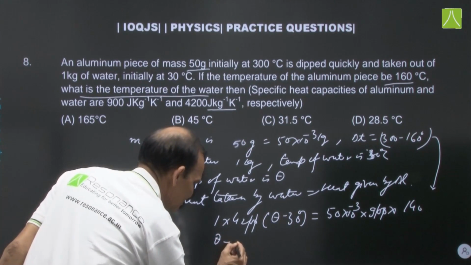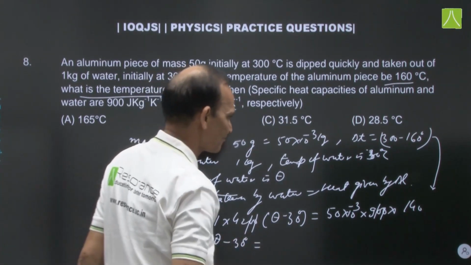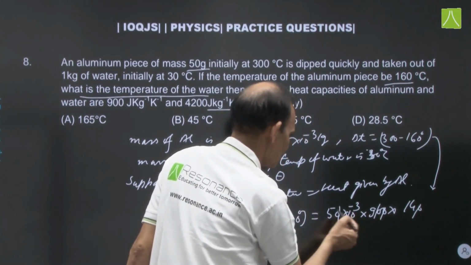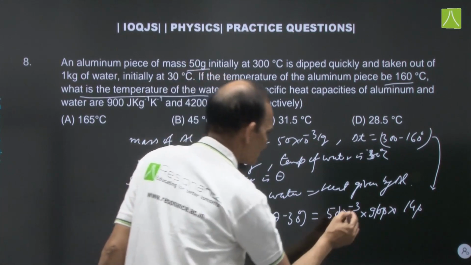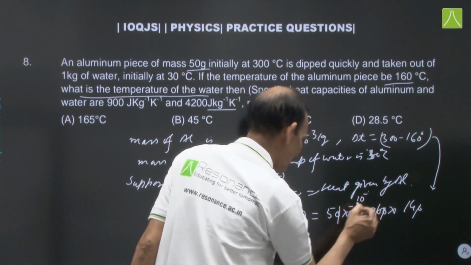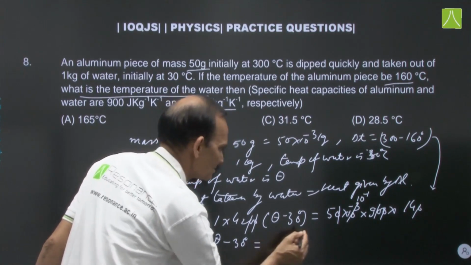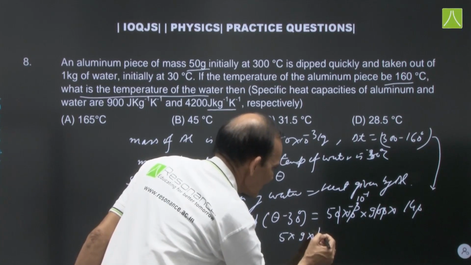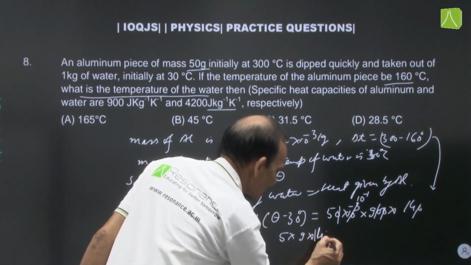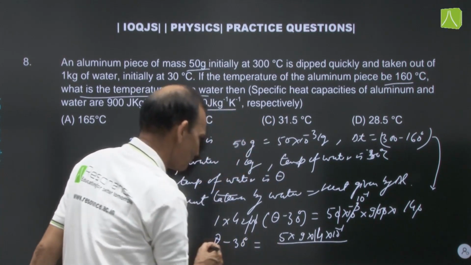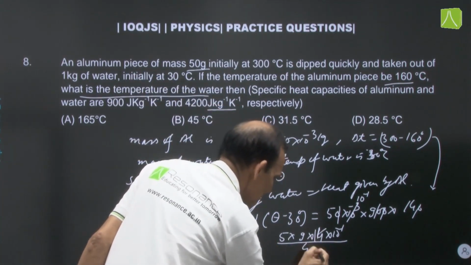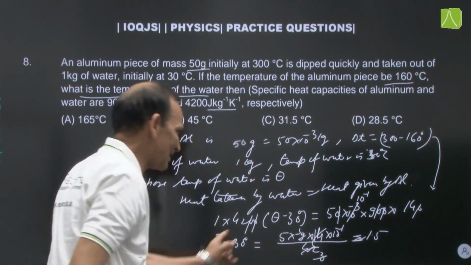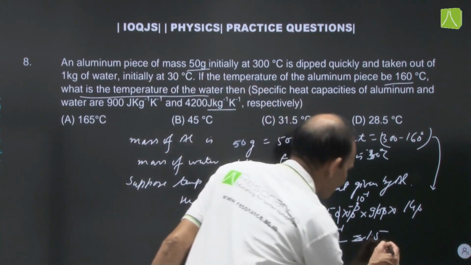Then theta minus 30 degree will be equal to 5 into 9 into 14 into 10 raised to the power minus 1 divided by 42. Here 3 times, that is 1.5. Theta minus 30 is 1.5, so we can easily find theta.